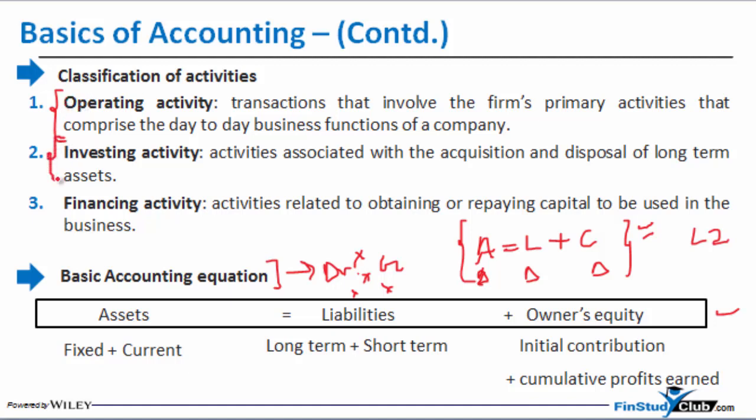The second category, you all understand, is the investing activity, and I want you to quickly write a few words here: business long term assets plus non business any asset.